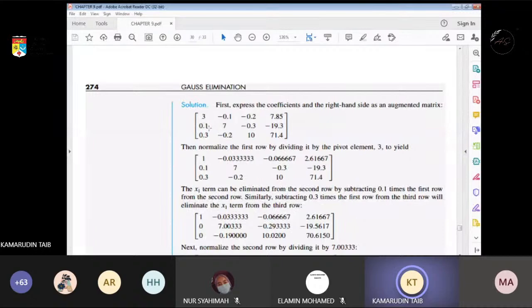Even though the answer is correct, it is not part of the calculation involved in Gauss elimination, so it is not considered correct, because as I told you, when you solve a problem using Gauss elimination, at the end of the calculation, your matrix must be the same as your friend's matrix.